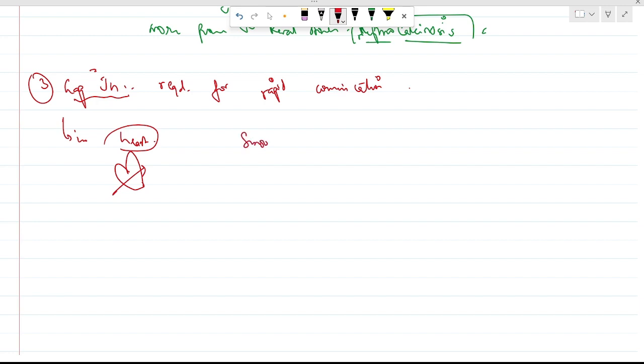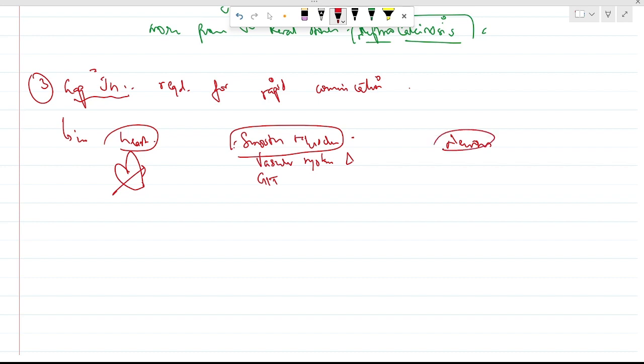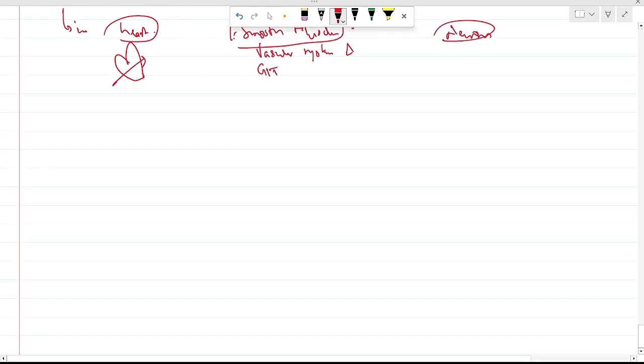Then in the smooth muscles, in the vascular system and GIT, gap junctions are present. In the heart, in smooth muscles, and third, in the neurons, these gap junctions are also present. These gap junctions are formed by connexin proteins.